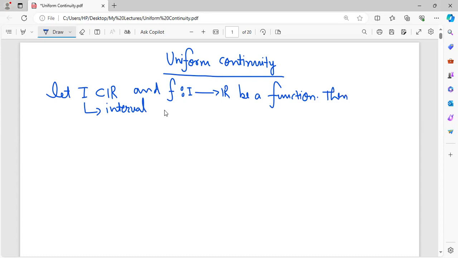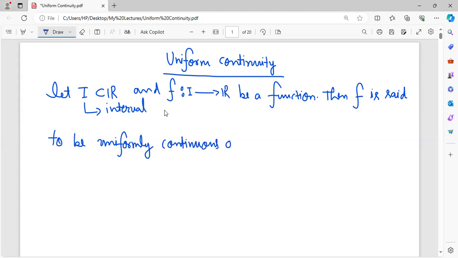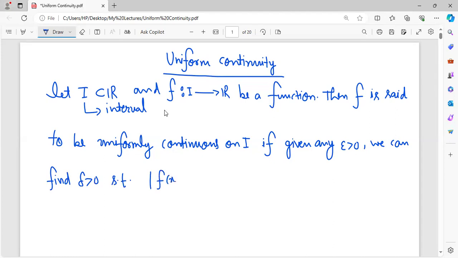Then f is said to be uniformly continuous on I if, given any epsilon greater than 0, we can find delta greater than 0 such that the difference |f(x) - f(y)| is less than epsilon whenever x, y belong to I with their difference less than delta.